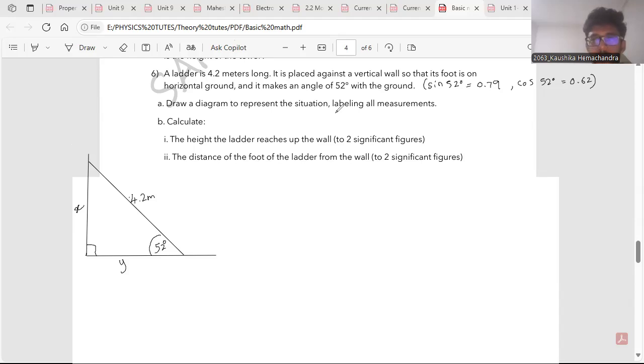Yes, both of you have sent answers. So two significant figures, okay? When they ask like that, you have to keep only two decimal places. But in exams, usually we are expected to keep up to three decimal places.